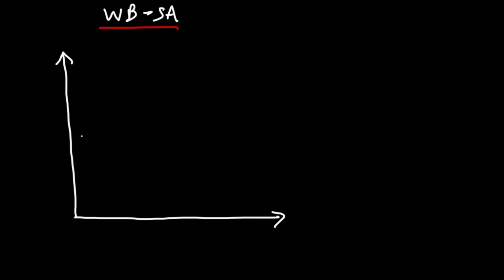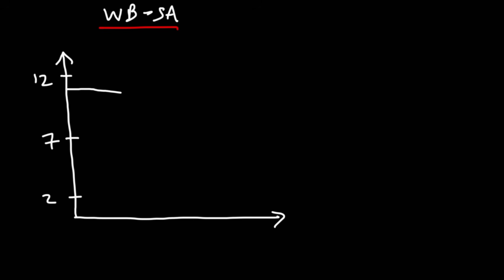Now let's consider a weak base, strong acid titration curve. So because we're starting with a weak base, we're going to start at a relatively higher pH. But not as high as if it would be a strong base.